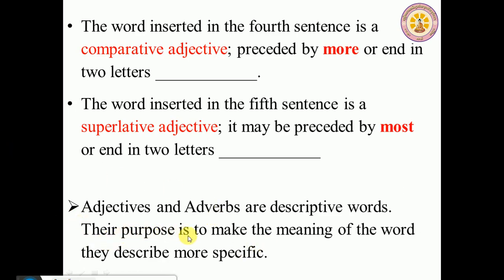Their purpose is to make the meaning of the word they describe more specific. So we use an adjective or adverb to describe a noun, a verb, an adjective, or another adverb, to add more meaning to those words, to be specific.